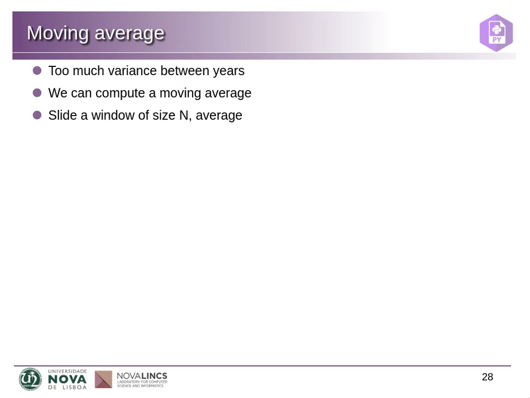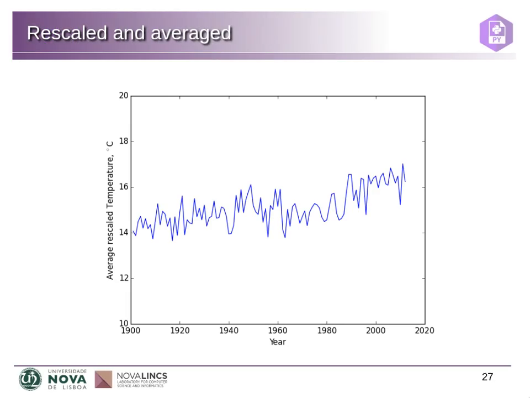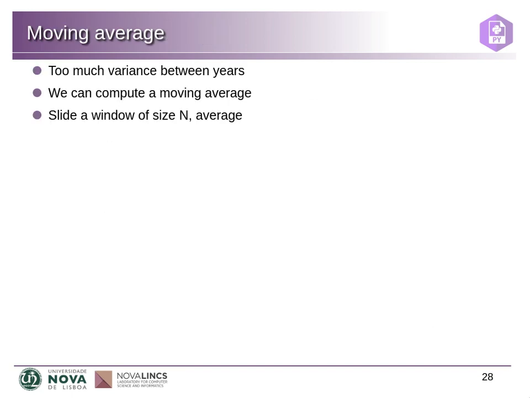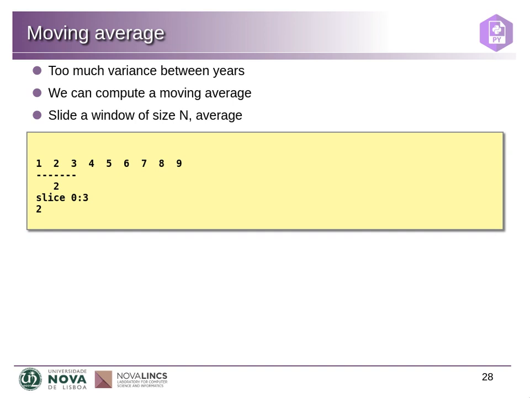Now we have too much variation here between the years. We can smooth things here with a moving average, and that is, we can use a window of some size, and then we consider a slice of the values, and we average that, and then we move the slice forward to get the average over that window along the sequence.